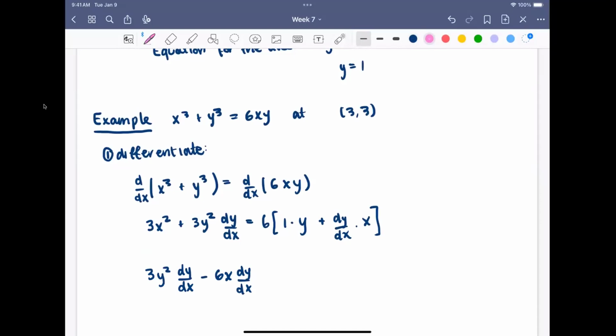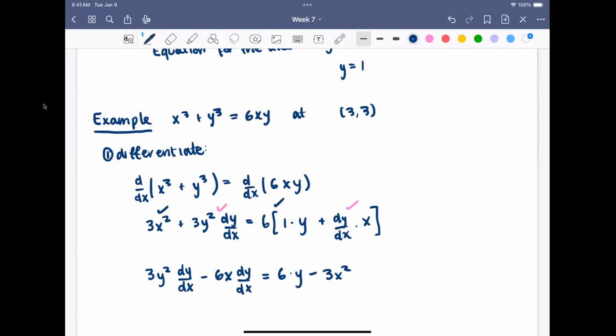I already wrote down this term and this term, so at the end I can make sure I dealt with everybody. On the other side, I get 6 times y, that's this one, and then minus 3x squared, and that's that one. That deals with all the terms.